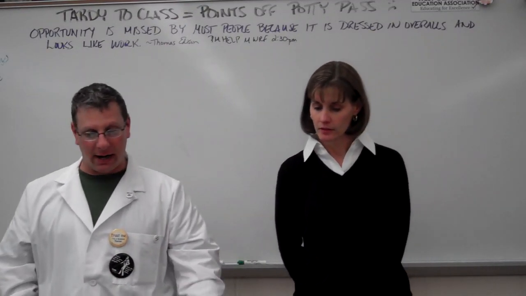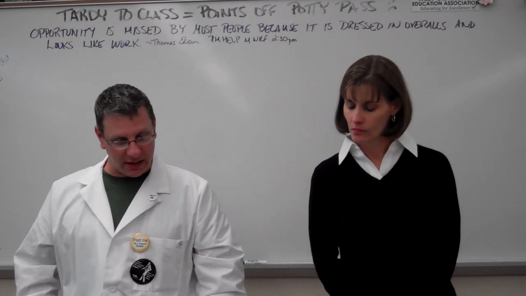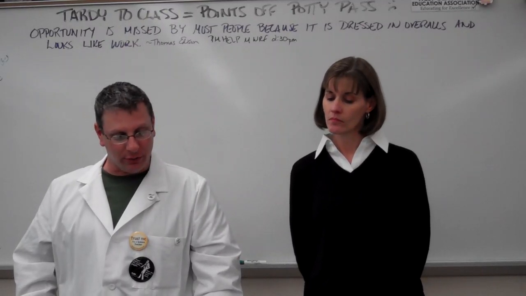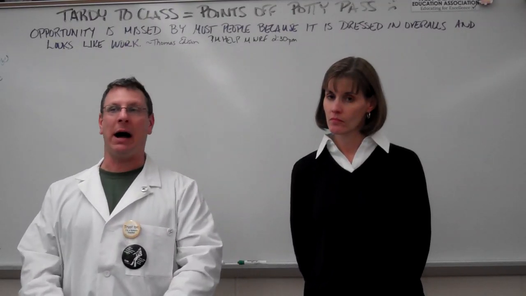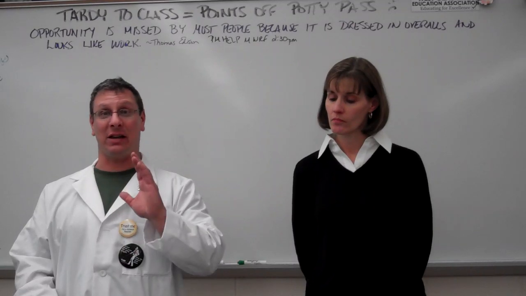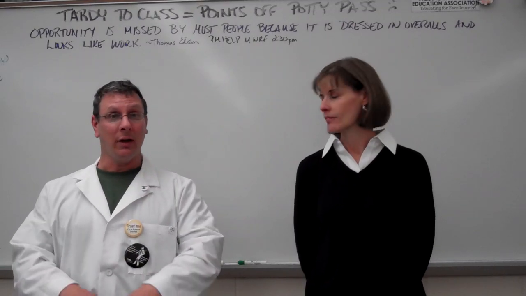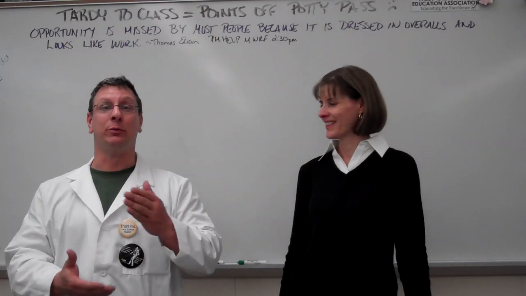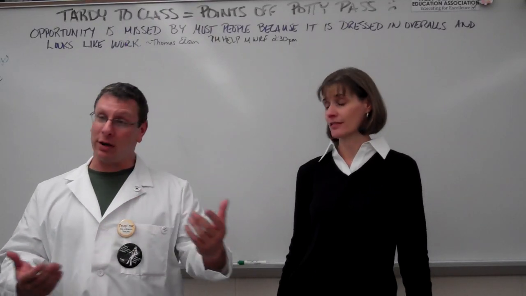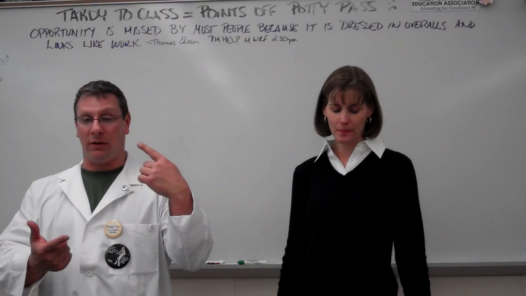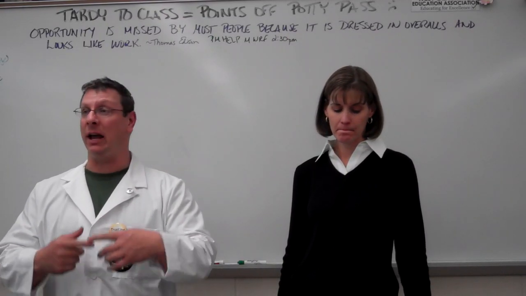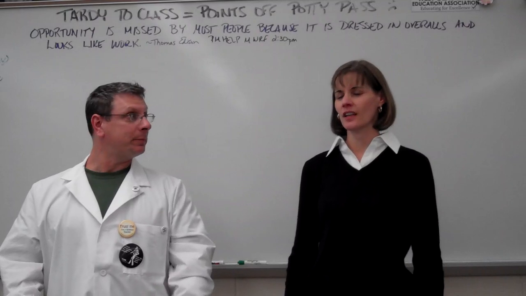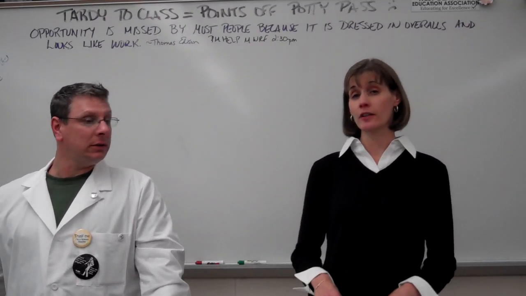Question number 1 is the location of the subatomic particles in the Bohr model of the atom. It definitely says Bohr model, so I don't want to hear anything about plum pudding and blueberry muffins, or chocolate chip cookies. It's protons, neutrons, and electrons, and where they are. It kind of focuses in on what the electrons are doing.